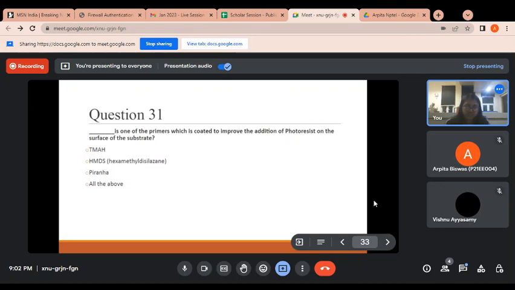TMAH is an etching process, an anisotropic wet etching process. Piranha is a cleaning process. B, ma'am. Yes, HMDS, hexamethyldisilazane, is used to improve the adhesion of the photoresist on the surface of the substrate.